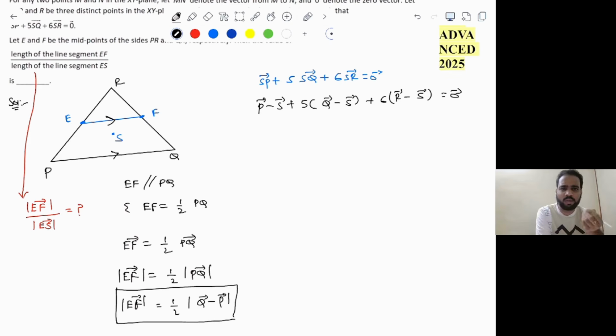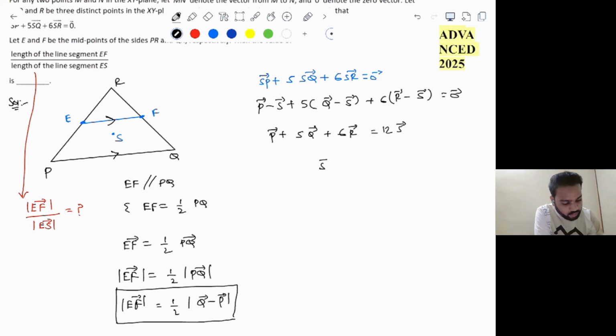And here in this question, you can pick one of the vertices of the triangle as origin also. You can do it in that way also, absolutely no problem. And then let's simplify here. This is P bar plus 5 into Q bar plus 6 into R bar. And if you take all the remaining terms to the right side, which will give you 12 into S bar.